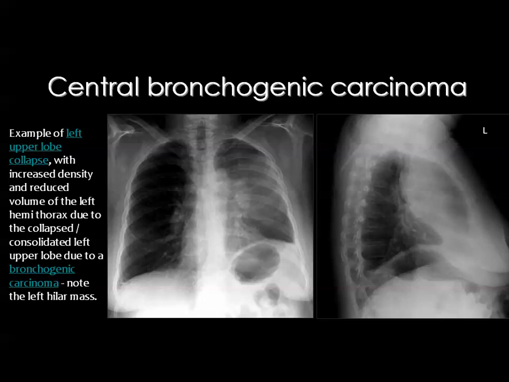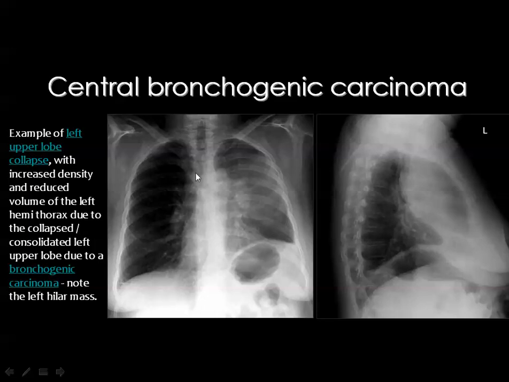This finding is very important in adults. It can occur in the pediatric age group due to mucus plugs, due to foreign bodies, and many other causes. But if you see a central lesion with lobar collapse or consolidation collapse, then you think of malignancy until proved otherwise.